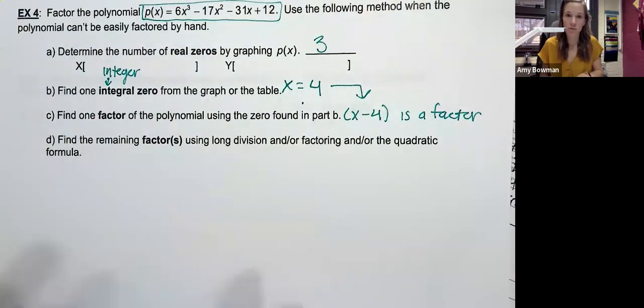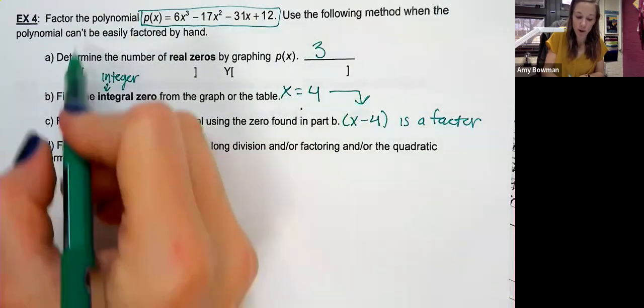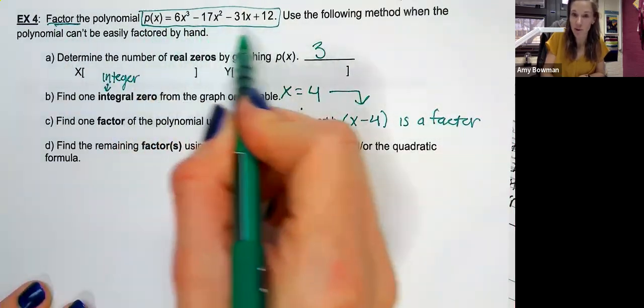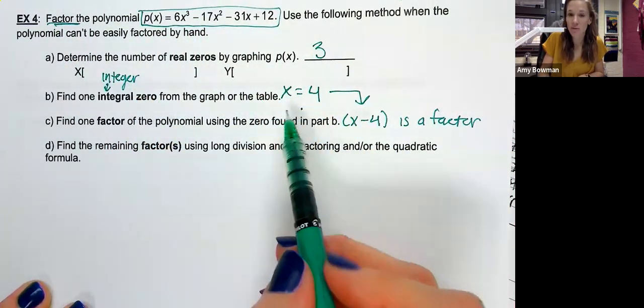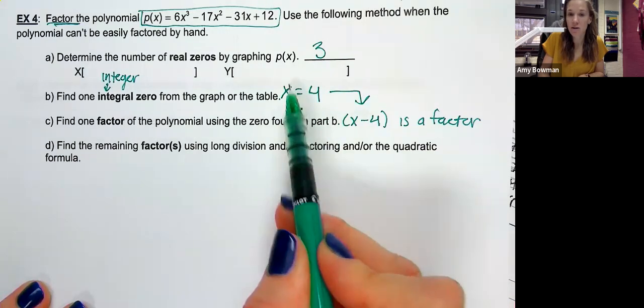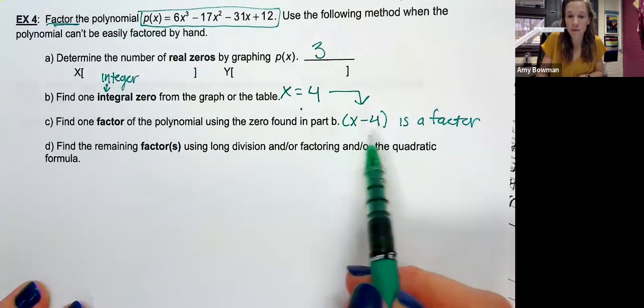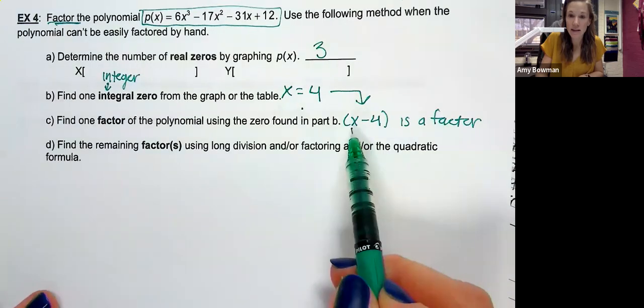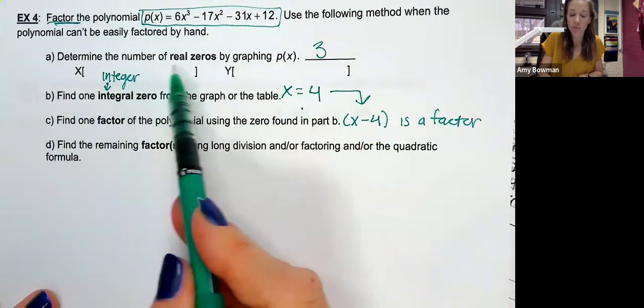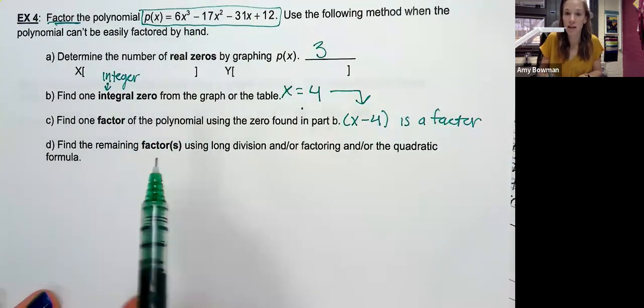And why is that helpful to us? Well, our goal, what we're trying to do, is factor this polynomial. So if I can use the graph to find one zero, which means I've found one factor, I can divide this factor out of my polynomial to continue factoring the entire thing.